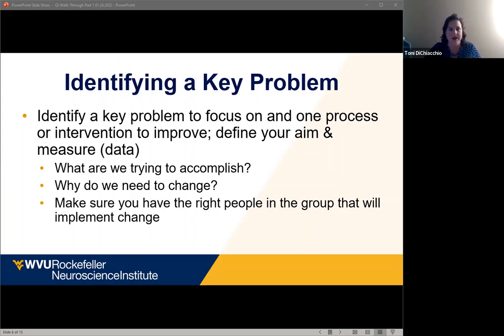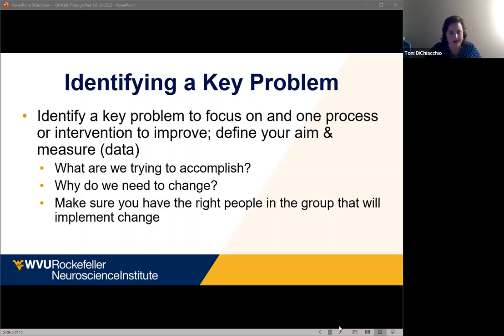So you want to identify a problem that is applicable to your location or your facility, that you have locus of control over, your team members, and that you can find data on. You can actually measure it. Measurement's very important because the interventions you select to make a change, to know if they're working, you have to be able to measure whatever problem you're trying to improve.